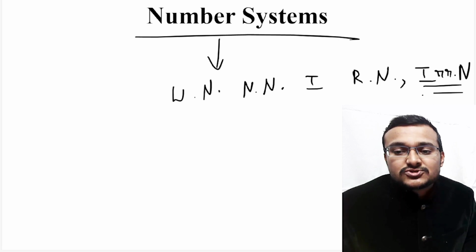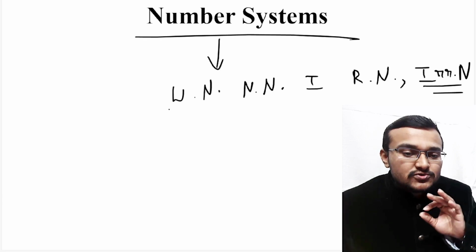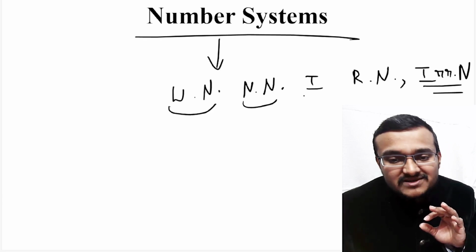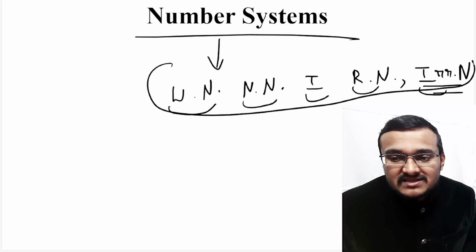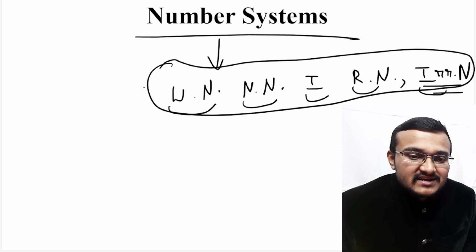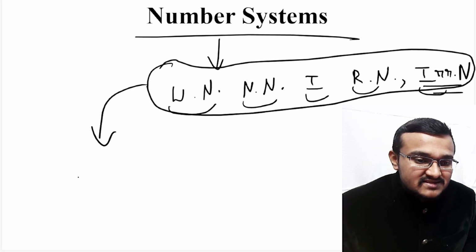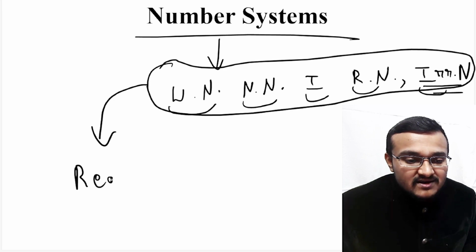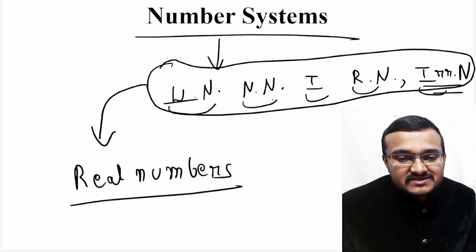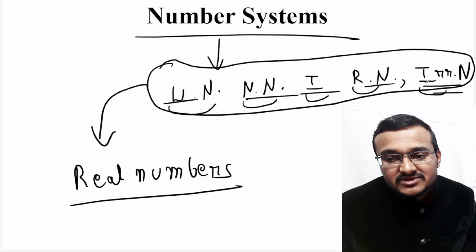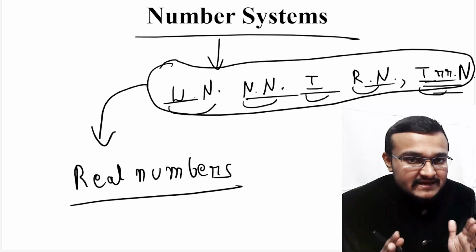If you include whole numbers, natural numbers, integers, rational numbers and irrational numbers, all these numbers in a number system, then this kind of number system can be known as real numbers. Why? Because in real numbers, all of these will be there.